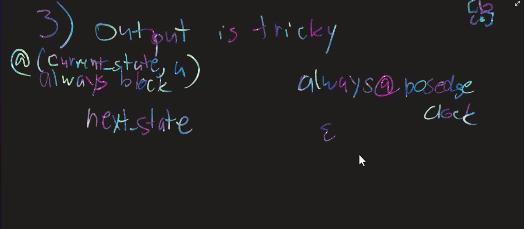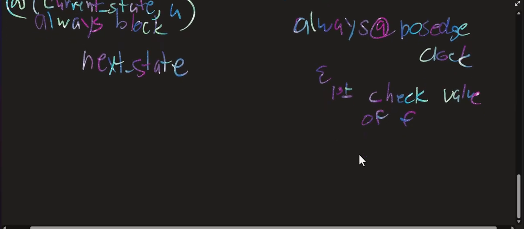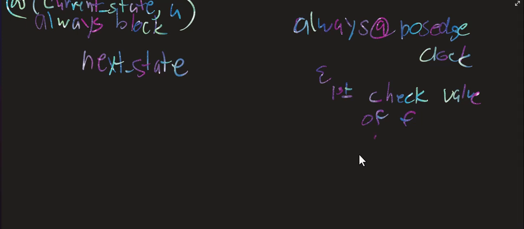and this one I would first check the value of F. Actually, it doesn't matter if you use non-blocking assignments. So in this always block, make them all non-blocking.